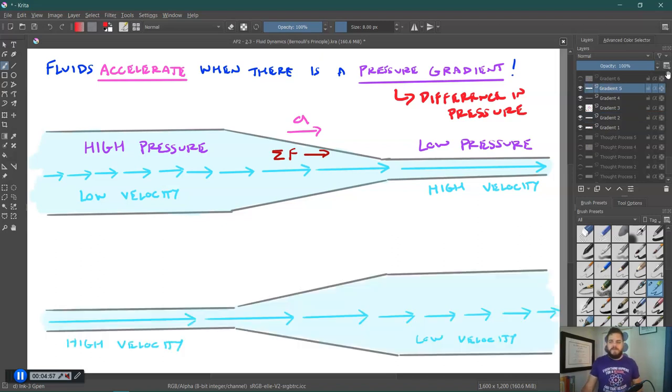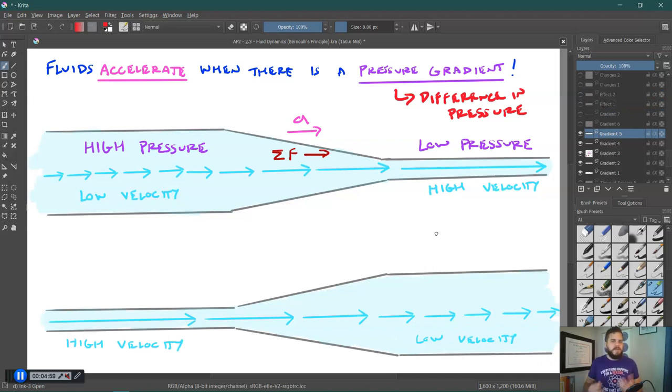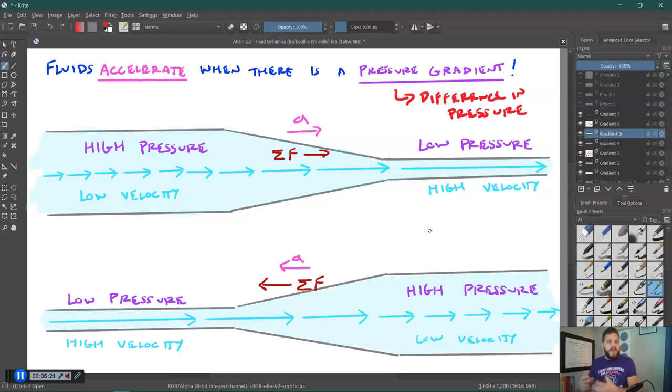And if we look at the flip side, we're going to see the exact opposite effect. If we have fluid going from a narrow pipe to a thick pipe, it goes from a high velocity to a low velocity. But that tells us there must be a net force going against this fluid flow, an acceleration going against it, causing it to slow down. And that in fact tells us that we have a lower pressure, once again in the narrow region, and a higher pressure in the wider region.